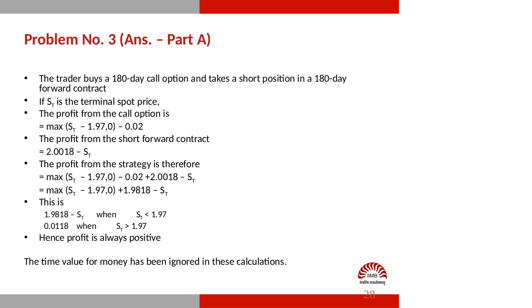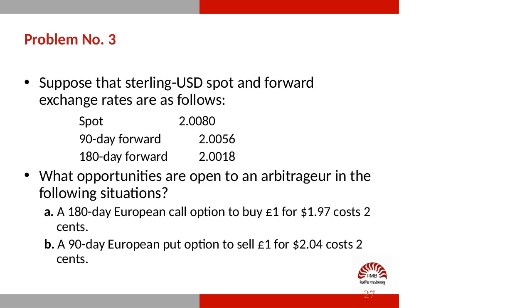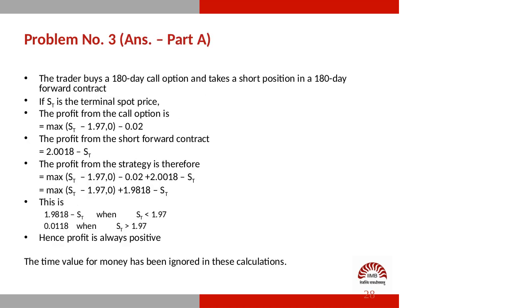So let's look at the first one. The trader buys a 180-day European call option and takes a short position in the 180-day forward contract. Let ST be the terminal price. How much is the profit for the call option? Remember, he has bought it to buy dollars, to exchange at 1.97.